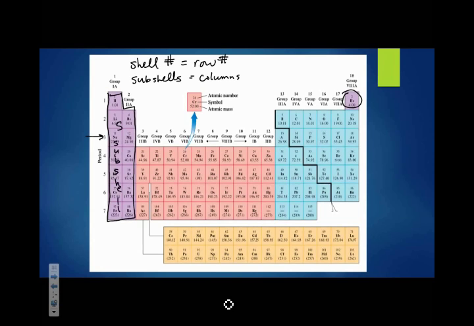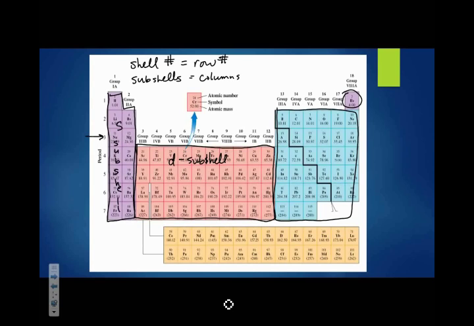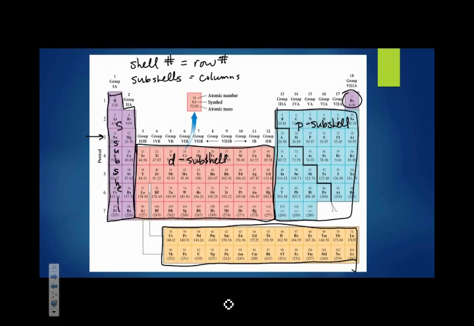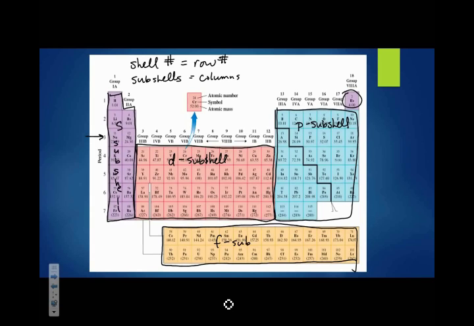This pink box of 10 boxes in a line is the D subshell. The blue at the very end of 6 boxes is the P subshell. And located down here, sort of cut out of the periodic table because it would be enormous if we didn't have it cut down here, is the F subshell.